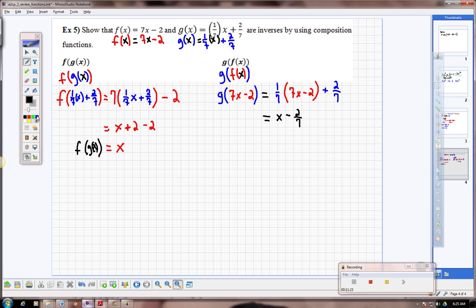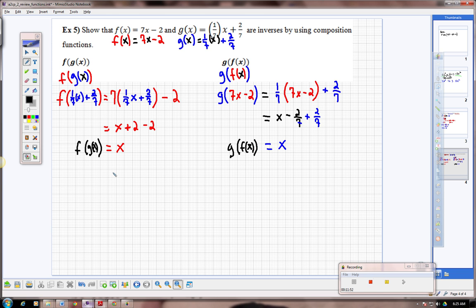What I have remaining after I distribute is plus 2/7. So you can see you have two opposites, negative 2/7 plus 2/7. That function is going to be equal to x. So now we have g of f of x equal to x as well.